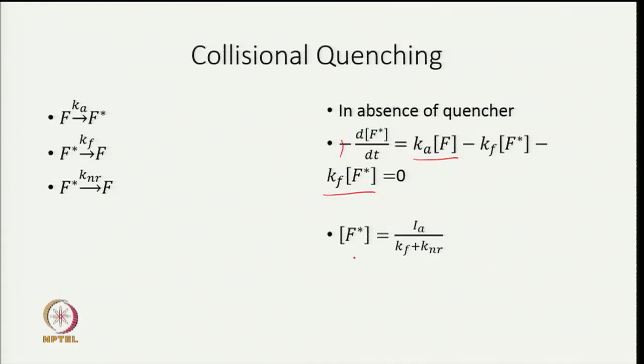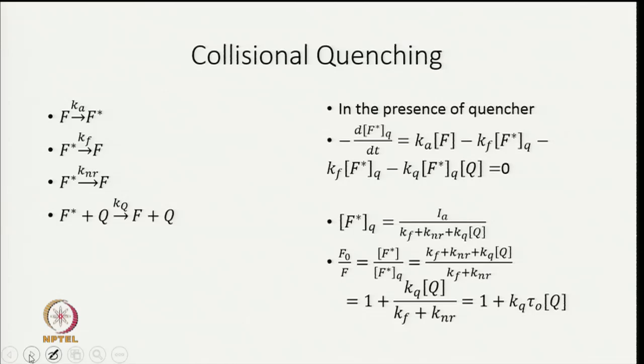So, F star is equal to Ka F divided by Kf plus Knr, which is equal to Ia divided by Kf plus Knr. So, this is the way I can get F star. Now, let us look at what will be the F star when you have a quencher.